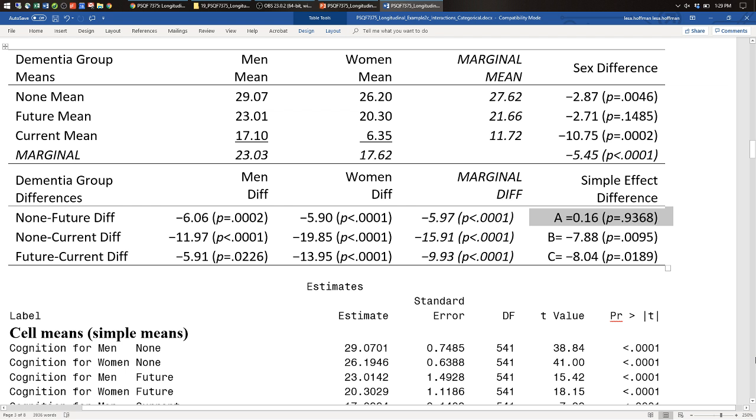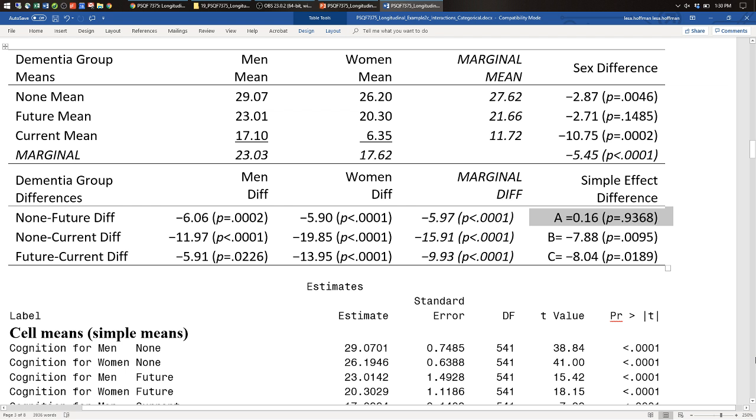Yes. Are men higher than women if they're going to get dementia? No, not significantly. Now, look at the size of these two effects. They look kind of the same, don't they? In fact, these two numbers, 2.8 and 2.7, are not different. That's the test of the interaction.